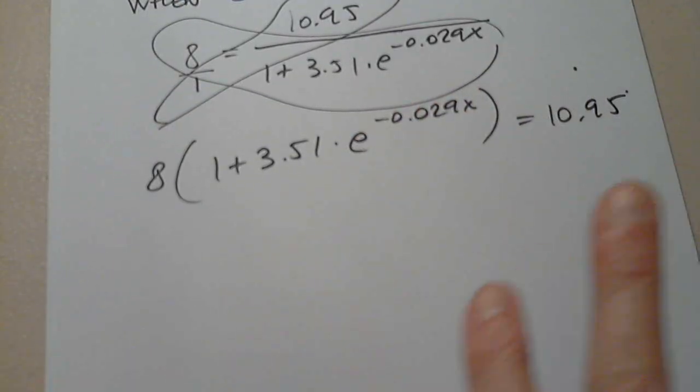So now I need to simplify. Clean it up. What will be my next step of cleaning it up, making it very simple? What will be my next step? What do you think? Give it a shot, please.